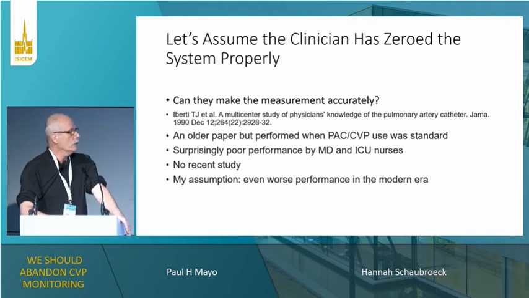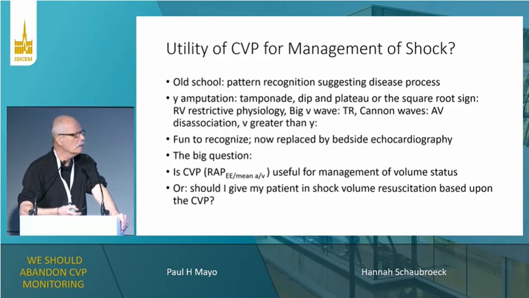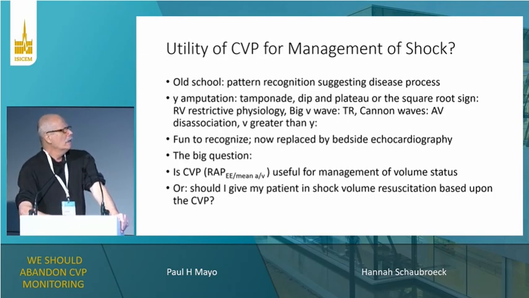And Dr. Iberti, in an old article, found that MDs and nursing staff at the time of true universal application of these catheters in the 90s, only about 60% of clinicians actually could interpret the tracings. That's a little worrisome, especially now when people really aren't practiced doing it, okay?